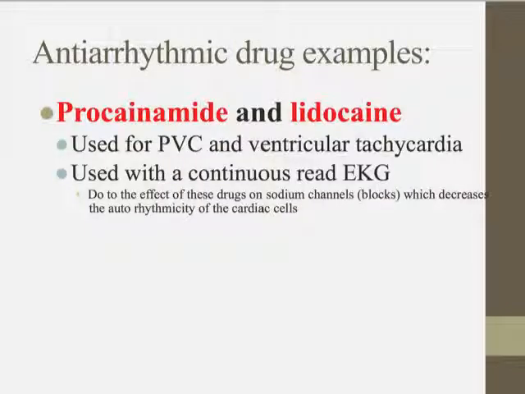So some antiarrhythmic drug examples that we might see are procainamide and lidocaine. They use procainamide as an antiarrhythmic agent. It prolongs the refractory period, and that's the period of time when the cell cannot be stimulated, and it slows conduction velocity to both normal and abnormal cardiac tissues.